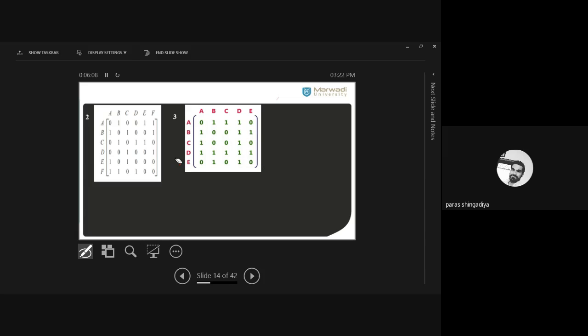The order is 5 by 5. Okay, what is the size of the matrix? 5 cross 5. So consider 5 vertices in the graph in any position.